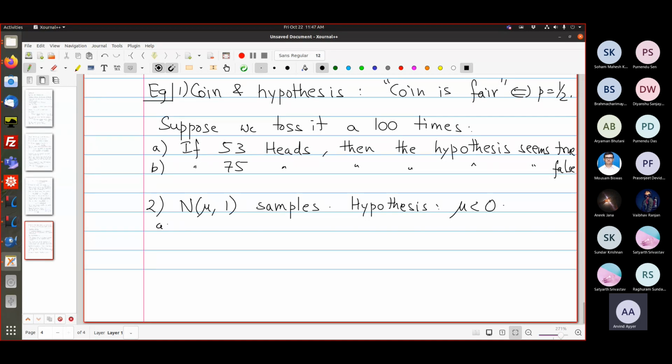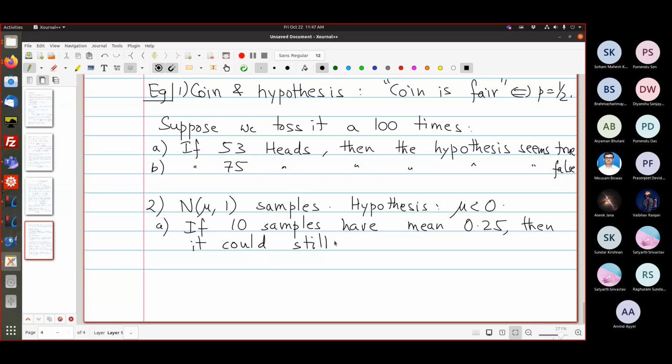So if 10 samples have a mean 0.25, then it could still be true. 0.25 is not that far away from 0, because variance is 1, remember.